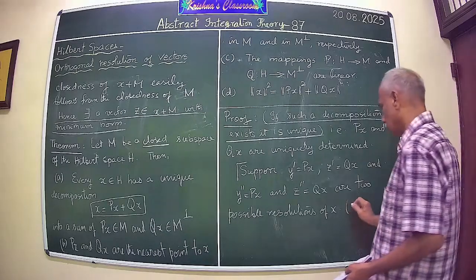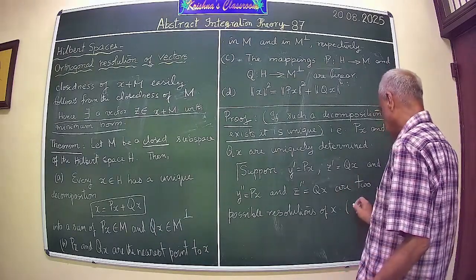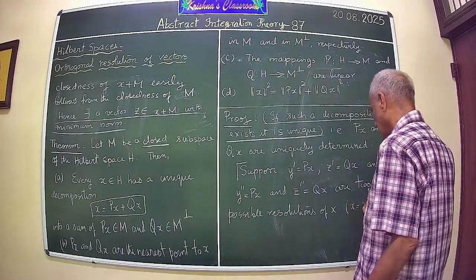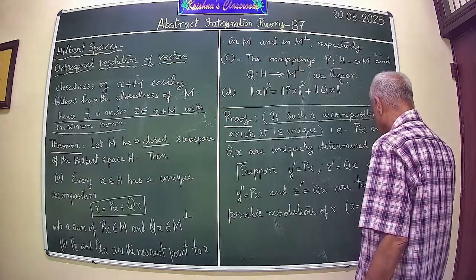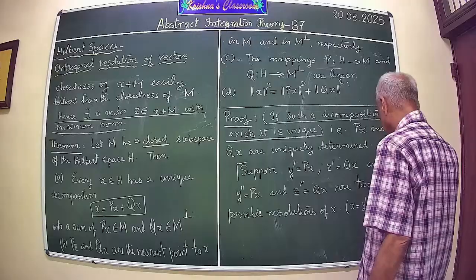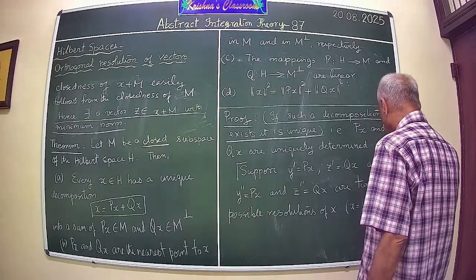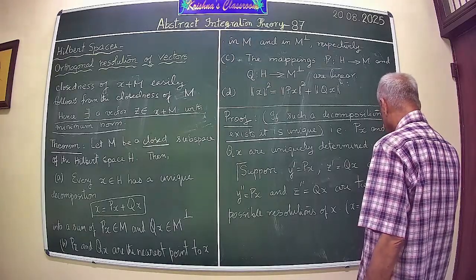That is, x is equal to y prime plus z prime, and that is also equal to y double prime plus z double prime.